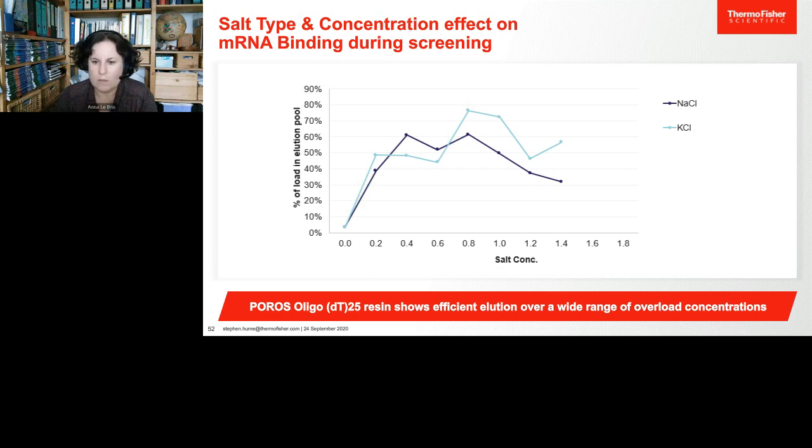You can see here with the two different salts that you could go up to 0.4, 0.5 molar concentration to allow a good binding and a good recovery later on. This is not dependent on the size of the mRNA. What we show here is usually for 2000 nucleotides, but we have data on 1000 and 3000 nucleotides.